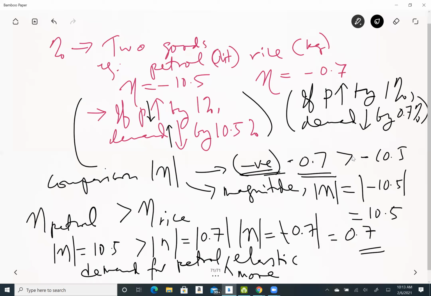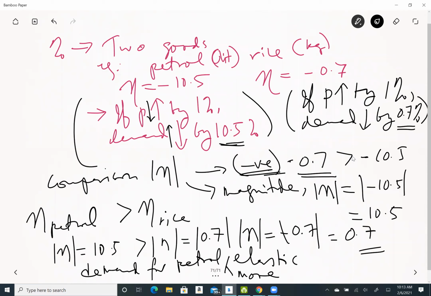If the demand changes by a higher percentage than the other good, then you say that it's more elastic. Any question about that?